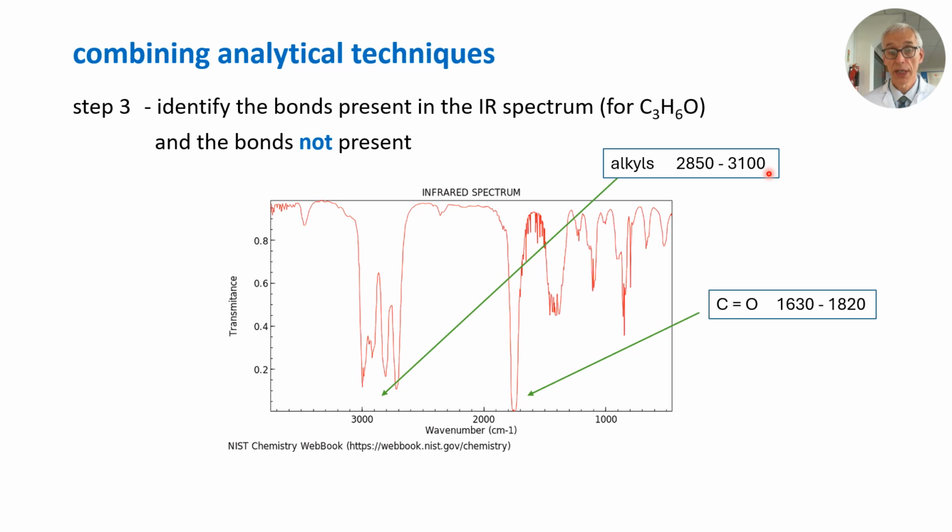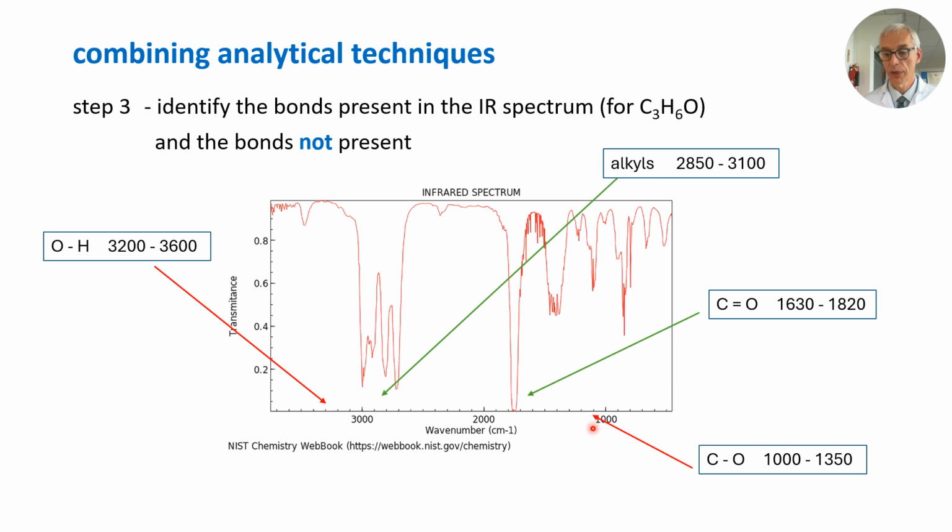We can also comment on the bonds that are absent, bearing in mind that the molecular formula has got oxygen in it. It's relevant to say that there isn't an absorption corresponding to the O-H bond. So we can rule the O-H bond out, and we can also rule out the C-O single bond.